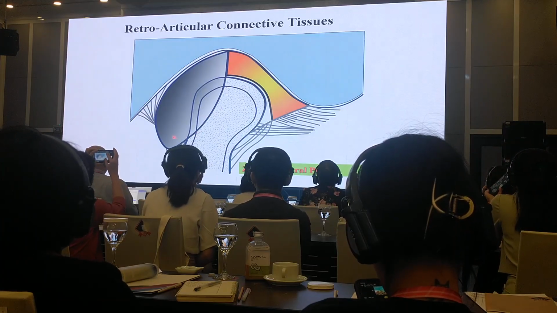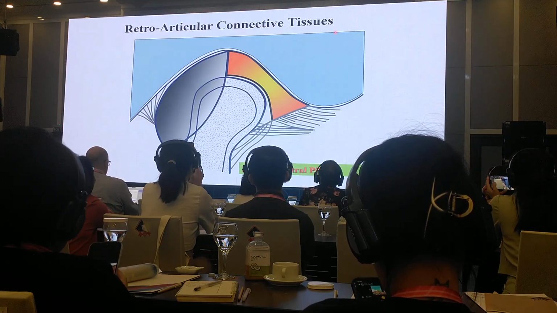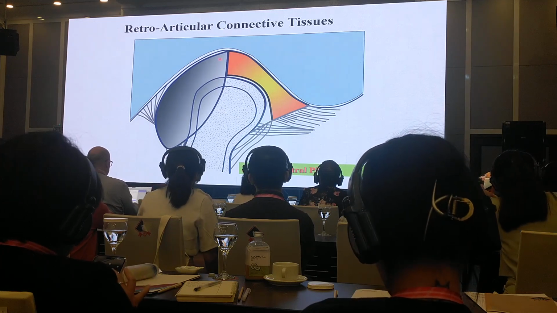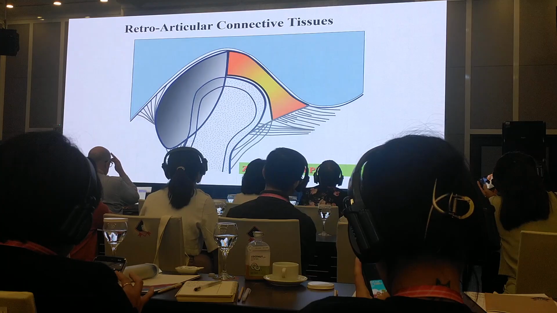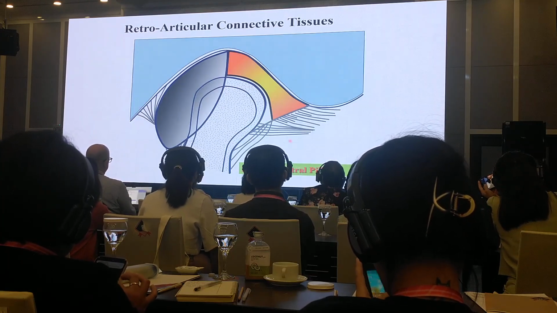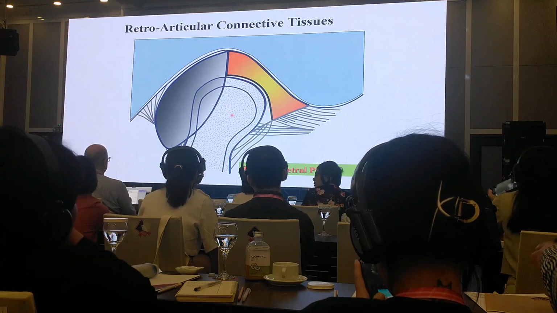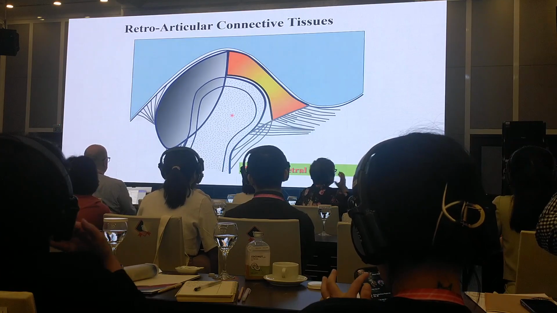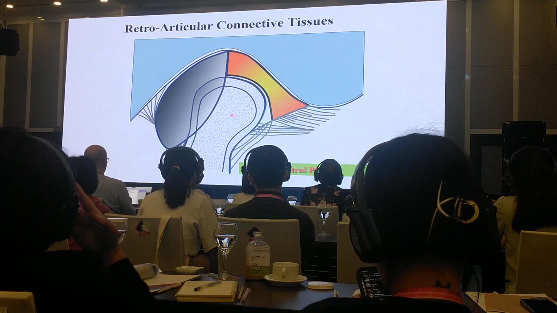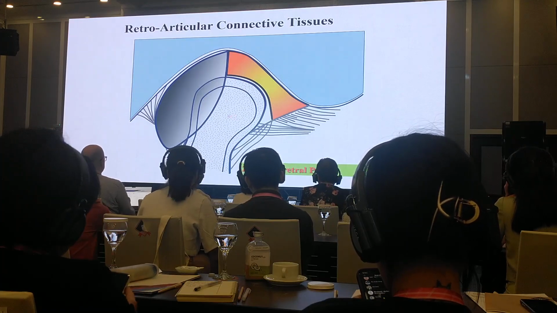This is a bilaminar zone or retro-articular connective tissue. This is a kind of center stage. This is a retro-articular pillow. If the condyle moves forward, then over this pillow, it protects the forward position, not too much backward. Right?